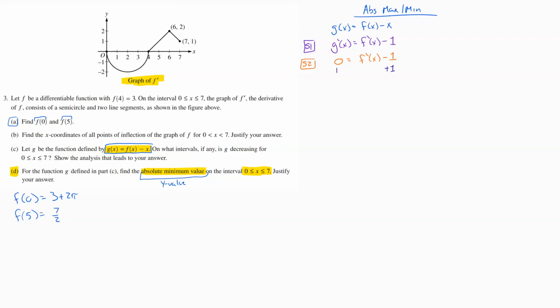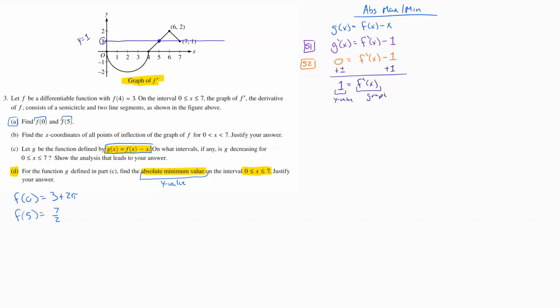So we'd end up with add 1, add 1. Whenever 1 is equal to f prime of x, that's where we're going to have our critical value. This is a y value right here, and this is the graph that we're looking at over on this side. So if I go at 1 and draw my y value here at 1, then I can see that I would run into that at 5.